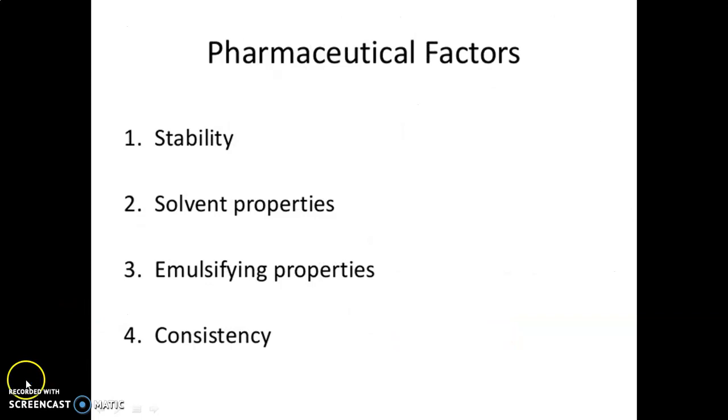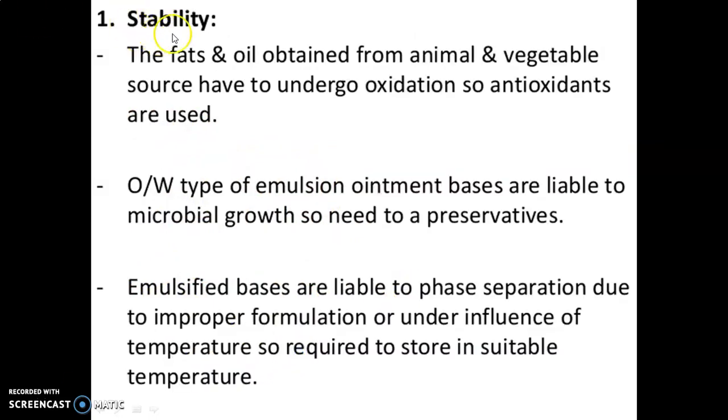Next, the pharmaceutical factors. There are a total of 4: stability, solvent properties, emulsifying properties and consistency. First, stability. The fats and oils obtained from animal and vegetable sources undergo oxidation, so antioxidants are used.